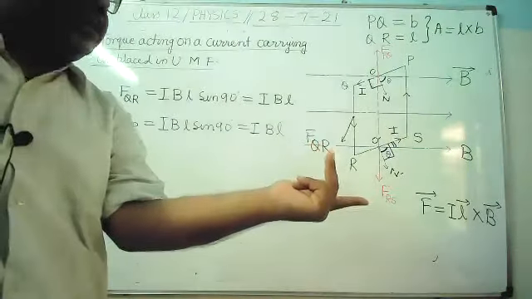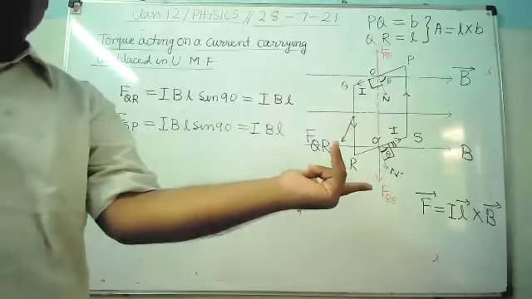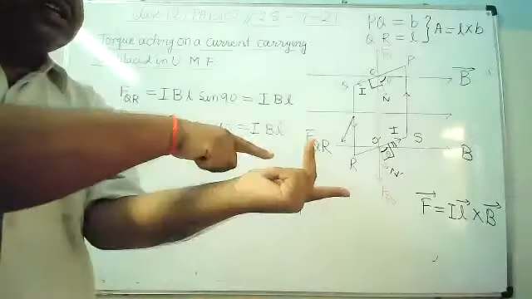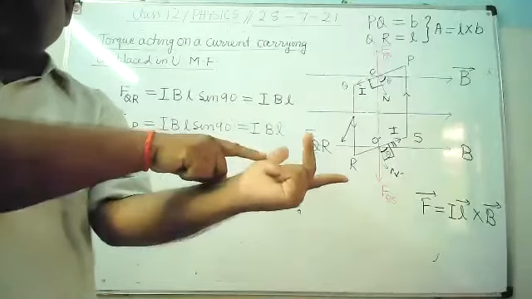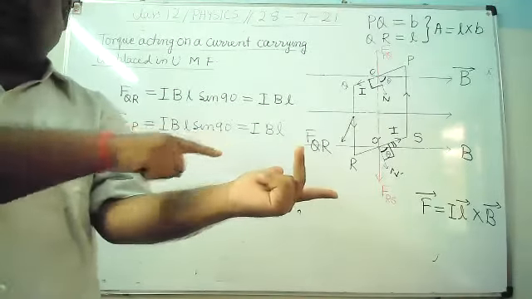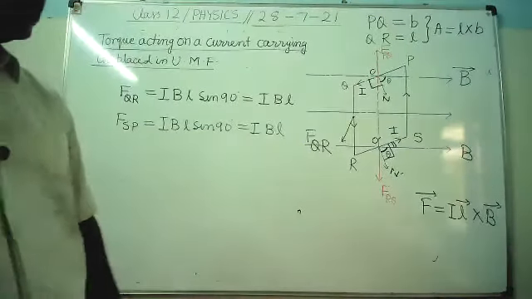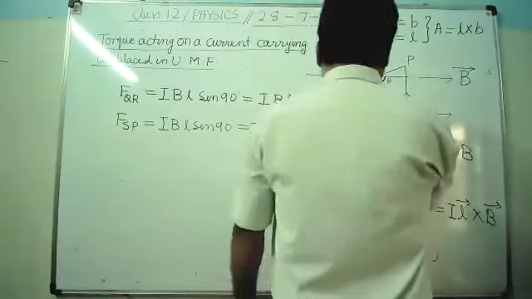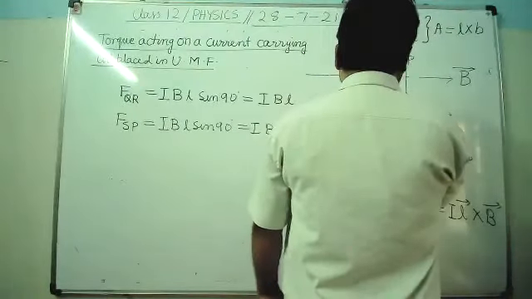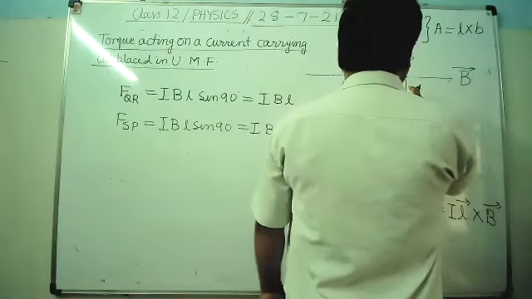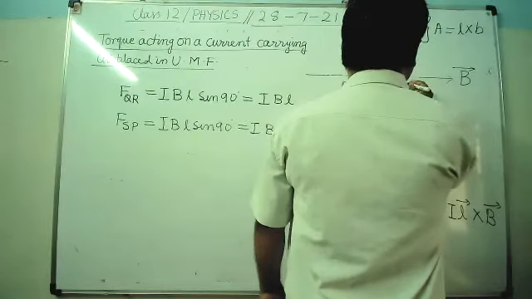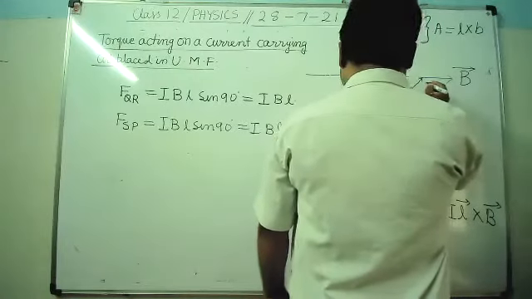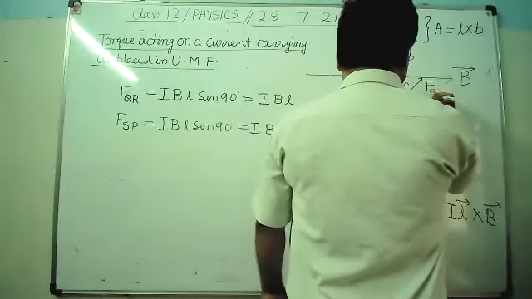In the SP segment, I is in the upward direction, B is in this direction. So the thumb is pointing in the inward direction, which means that is the direction of force. So here I am showing it, F.